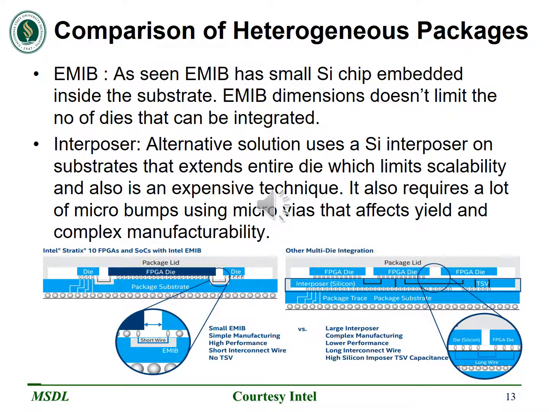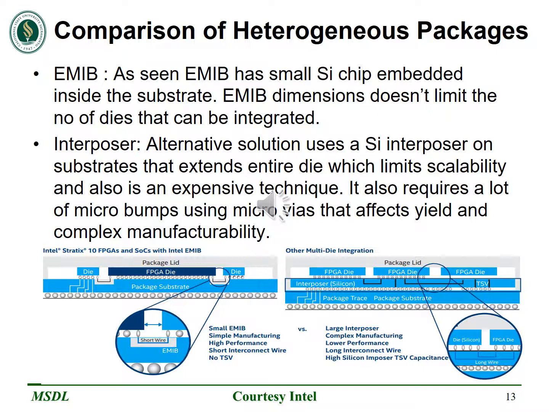Let's compare the EMIB with the silicon interposer. Looking into figure 1 and figure 2 and comparing, coming to figure 1, we can clearly see how the small silicon chip is embedded inside the substrate. And also the EMIB dimensions don't limit the number of dies that can be integrated.